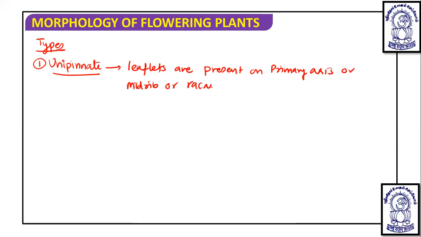Then it is known as unipinnate. But this unipinnate is of two types, that is paripinnate and imparipinnate.